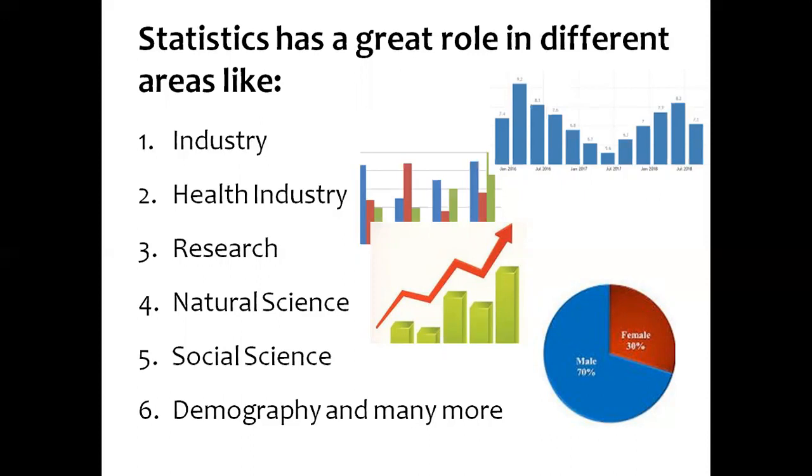In the same way, in demography, we use statistics to determine the percentage of male and female, for example, in a particular state, village, or area. So statistics has a diverse application. It's quite helpful and plays a very crucial role in different sectors of the world. Statistics is everywhere actually, right?